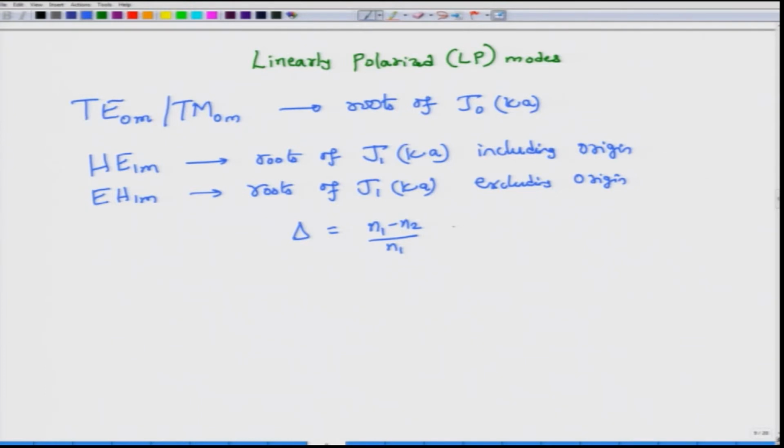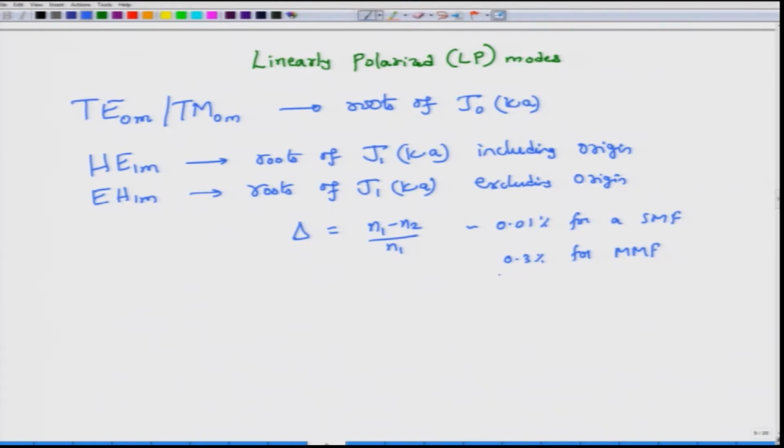In practice, this delta is about 0.01% for a single mode fiber. This value is slightly greater, about 0.3%, for a multi-mode fiber. However, if you look at the actual difference instead of the percentage values, that difference turns out to be quite small.